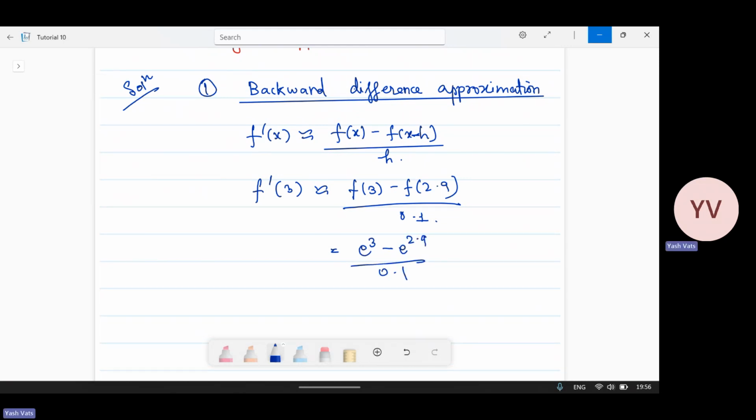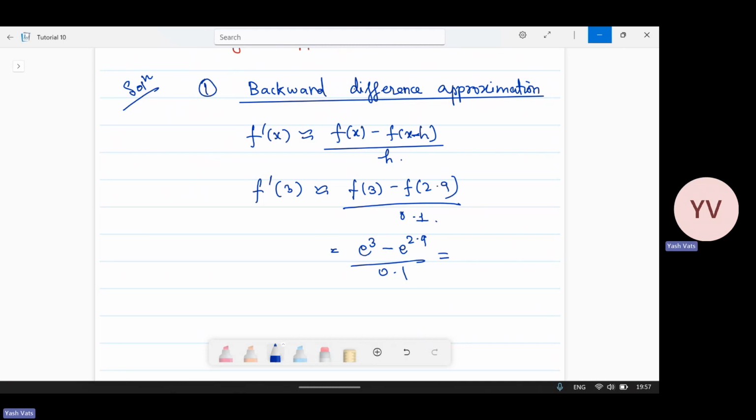Let's check which value is correct. The exponential function of 3 minus exponential function of 2.9. So it is 19.11.